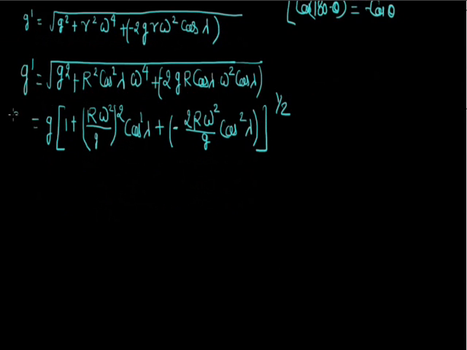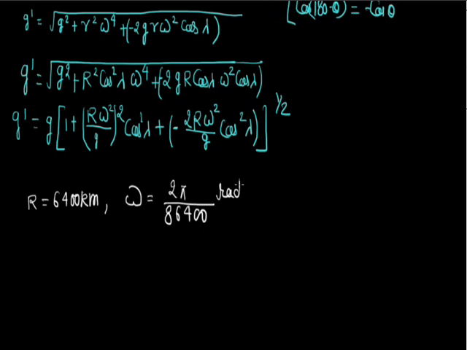Now if we solve these values by putting the value of R, which is 6400 kilometer, and omega, the angular velocity, which can be calculated by 2 pi upon time period, so 2 pi upon 24 hours, means 86400 seconds, radian per second, and g, which is 9.8 meter per second square.